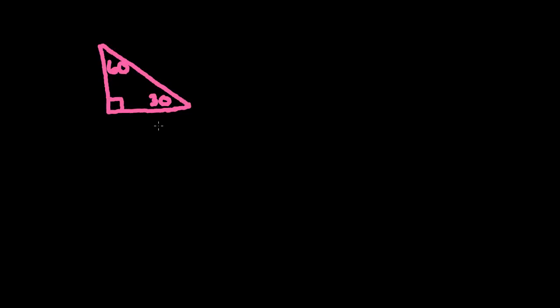So I'm going to change it around some just to be different. I'm going to keep my triangle this way up and down, but I'm going to change the 30 and 60 just to make sure that we're paying attention. All right, so remember that opposite the 30 is x, opposite the 60 is x square root 3, and opposite the 90 is 2x.